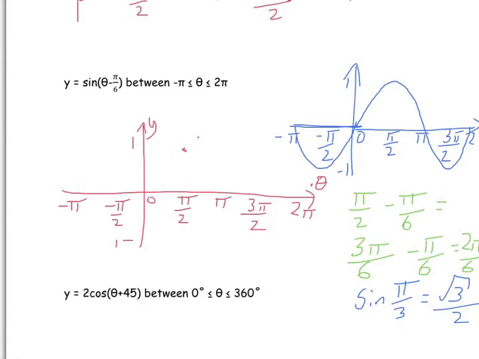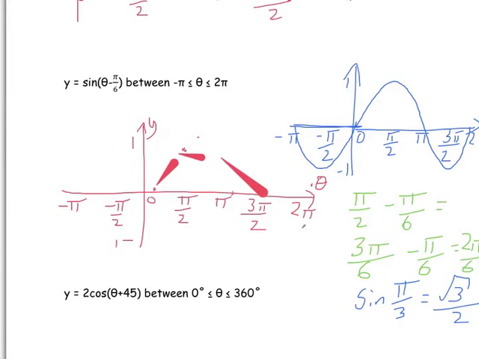So everything's shifted by pi over 6 to the right from its original place. So instead of pi, it's going to be 7 pi over 6. So it's all shifted slightly to the right. Instead of 0, it would be pi over 6. So that's the first section, and you should hopefully be able to continue on the pattern.